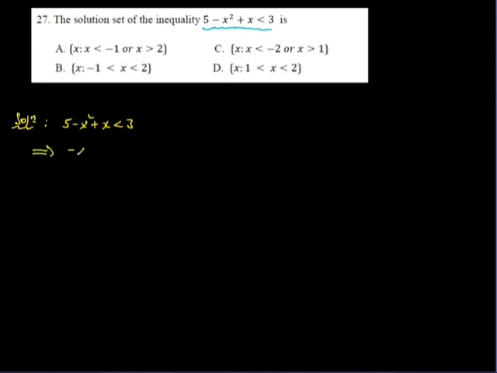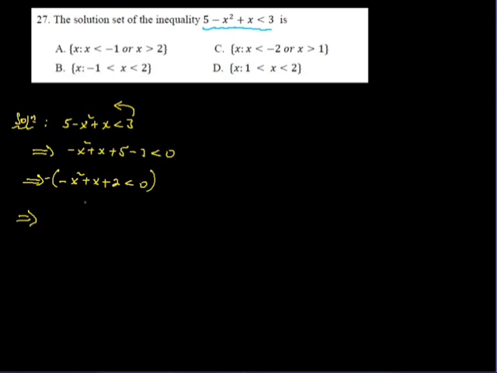This means minus x square plus x plus 5 minus 3 less than 0; I moved this to the left and rearranged the terms. This is the same as minus x square plus x plus 2 is less than 0. Here we can multiply the inequality by negative on both sides.